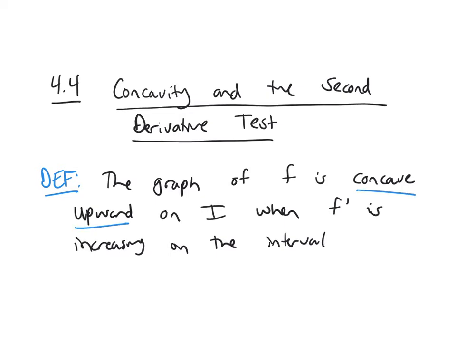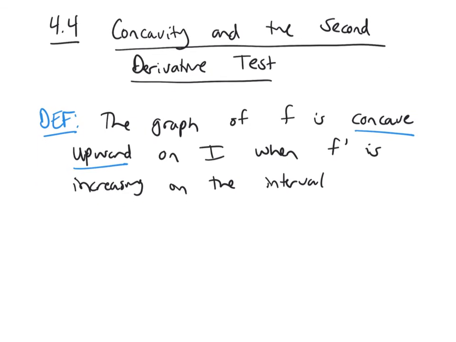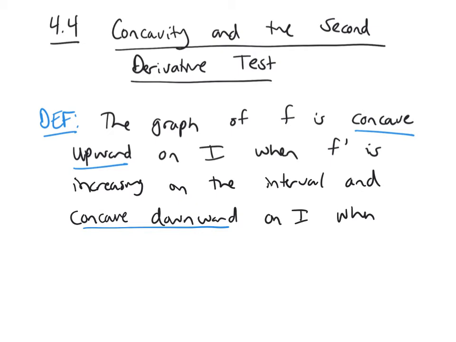So to be concave up, your derivative needs to be increasing, and it's going to be concave downward on I when f prime is decreasing on the interval.